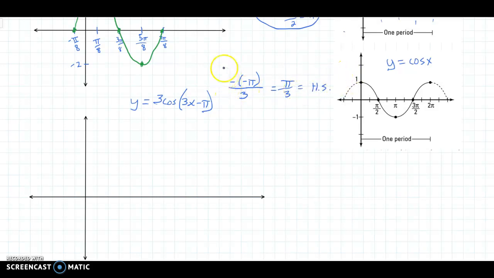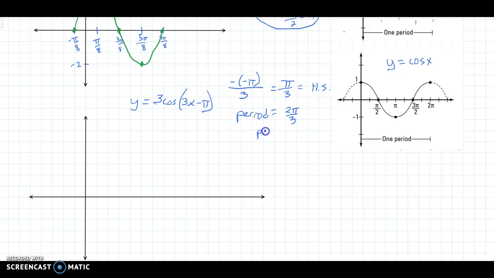And as we said before, this is going to be your very first tick mark on the x-axis. The period needs to be computed next. The period for this would be always 2 pi divided by b, and in this case my b is 3, sitting right here. And so this is the period.